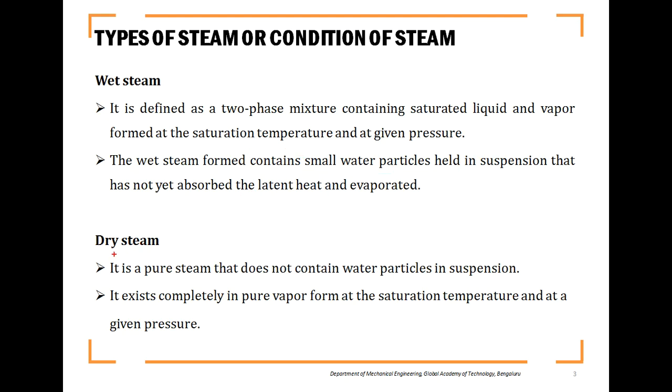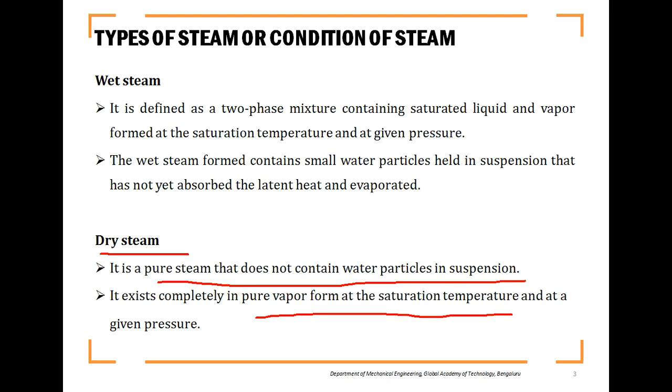Next is dry steam. It is pure steam that does not contain water particles in suspension. When the water is completely converted into steam, when there are no water particles in suspension and it is completely dry, only then do you call it dry steam. It exists completely in pure vapor form at the saturation temperature and at a given pressure.